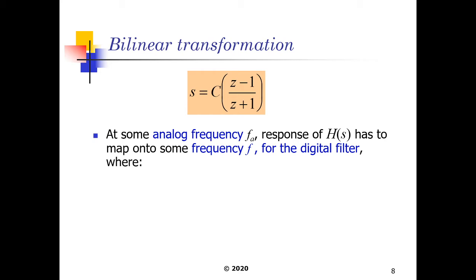So basically, at some analog frequency f_a, which was the response of H(s), this needs to map onto some frequency f in the digital plane for the digital filter.